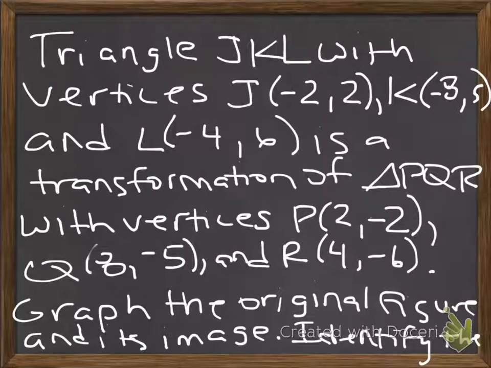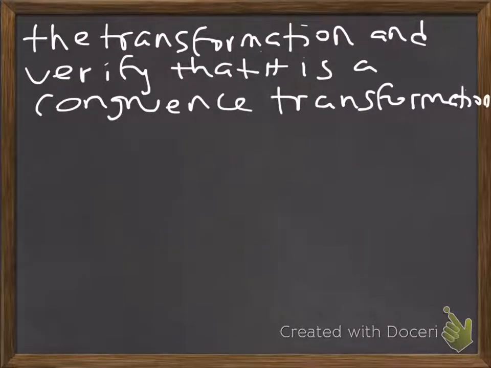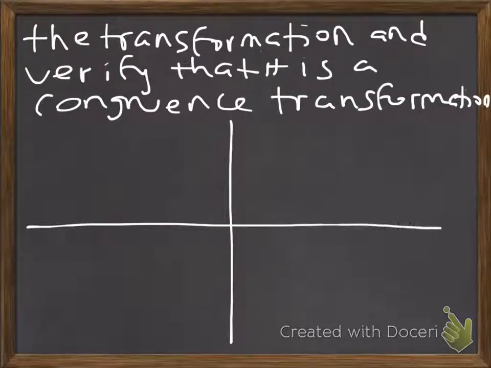So we have -2, 2, -8, 5, and -4, 6. So -2, 2. -8, 5.